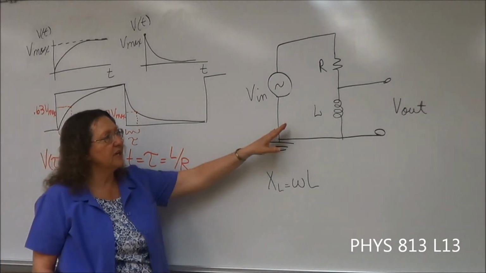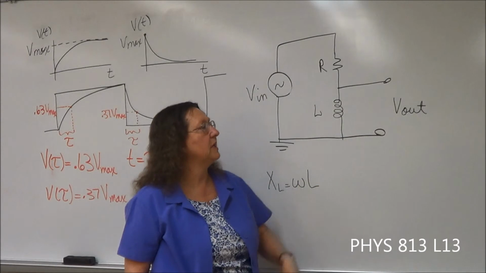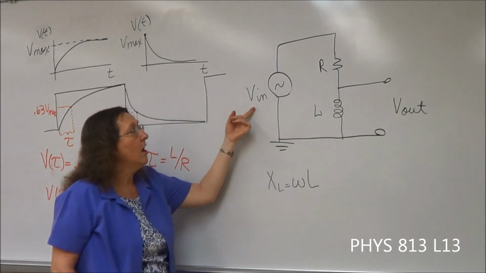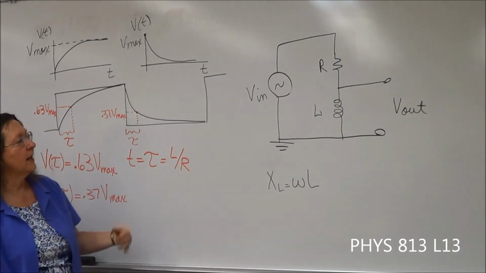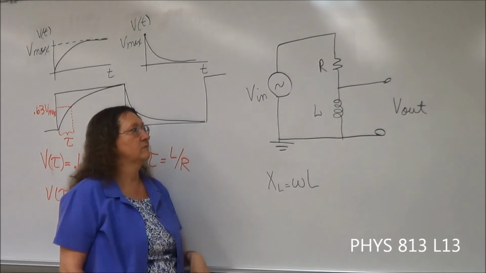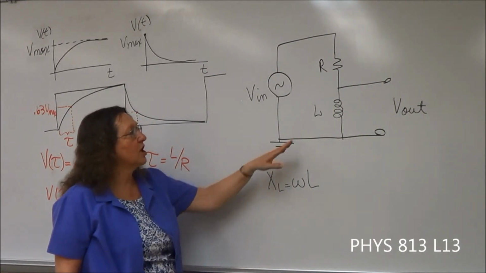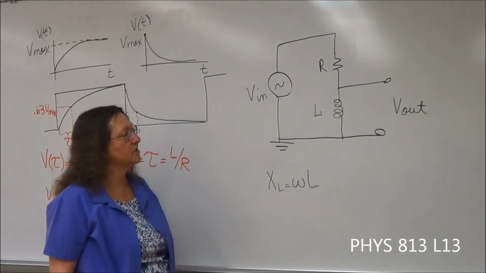So at high frequencies, then this V out is going to be a significant fraction of the input voltage. And at low frequencies, this really acts like just a plain wire. So in that case, it really has very little effect in the circuit.